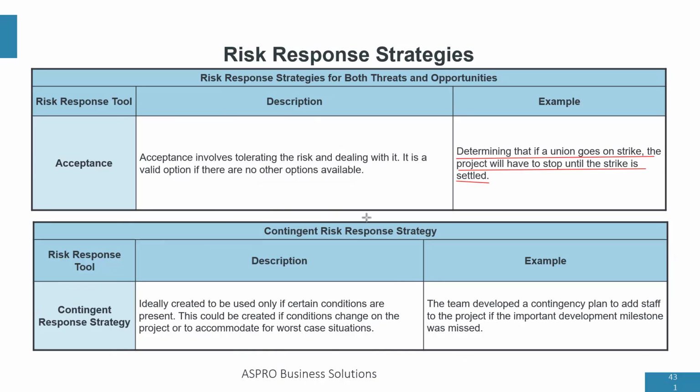That's acceptance. Contingent response strategy is used when certain conditions are present. This could be created if conditions change on the project or to accommodate for worst case situation. Let's look at the example. The team developed a contingency plan to add staff to the project if the important development milestones were missed.